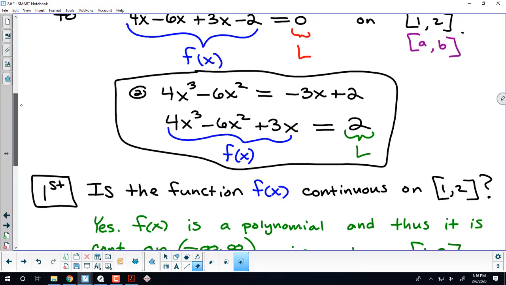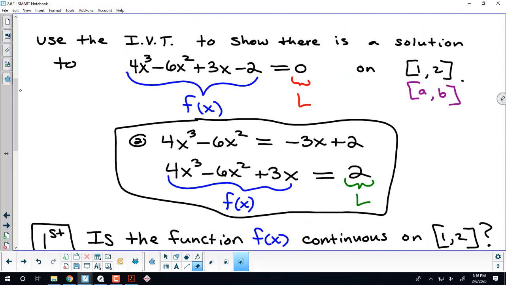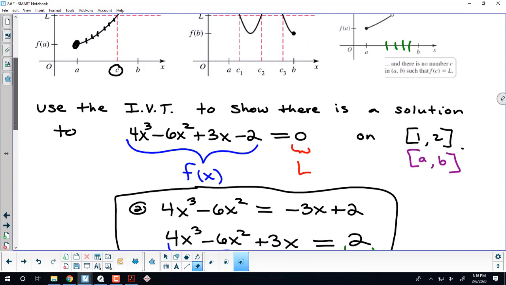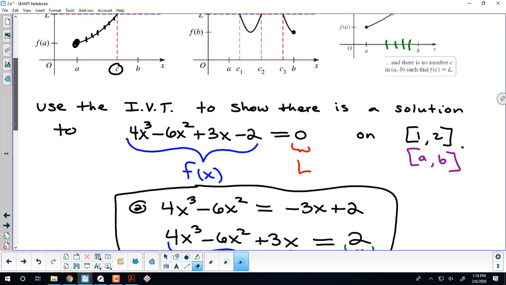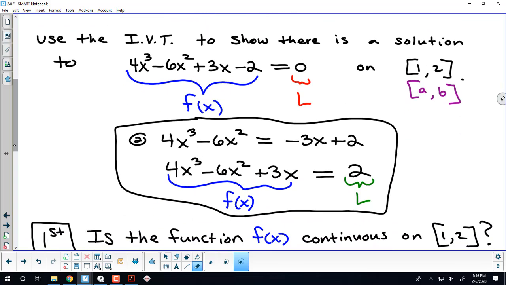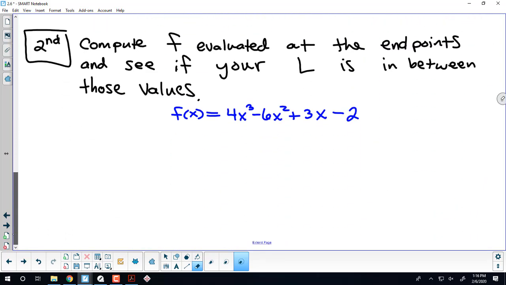But the L we're looking at is 0, and of course that changes the function. If you're asking when this thing is equal to 2, then you've got a slightly different function than the people looking for 0. So just keep that in mind. But this is our function.